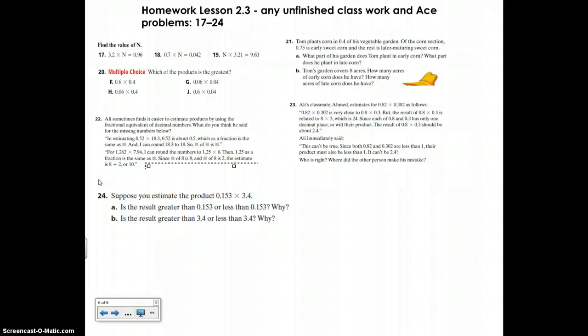Just fill in what would that box say. And number 24, if you're going to estimate the product of 0.153 times 3.4, 153 thousandths times 3 4/10, is the result greater than 153 thousandths or less? Why? Is the result greater than 3.4 or less than 3.4? Why? So that is all your work today.